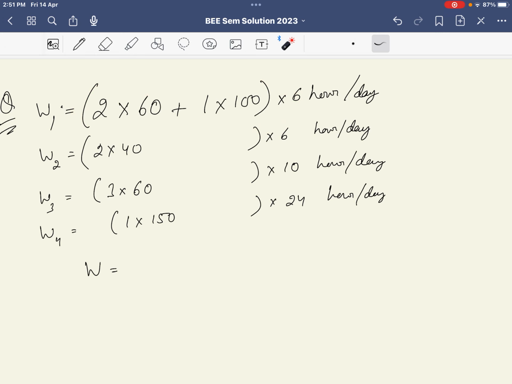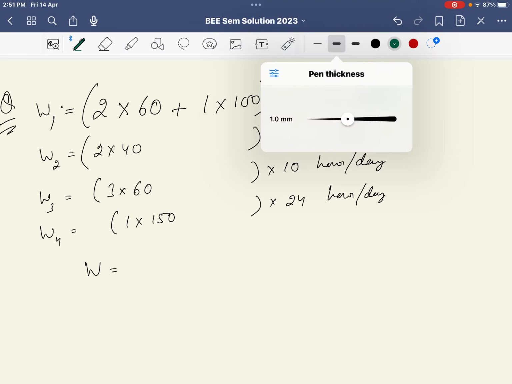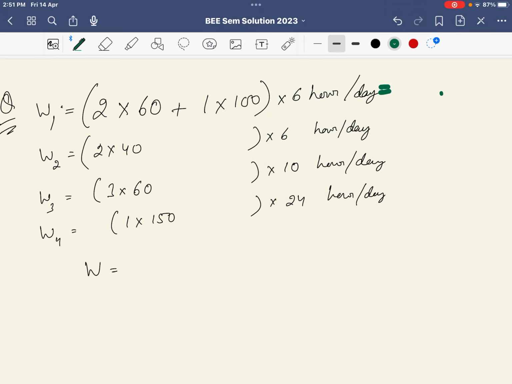We have 120 plus 100, and that much into 6, which comes to 1320 watt hour per day.